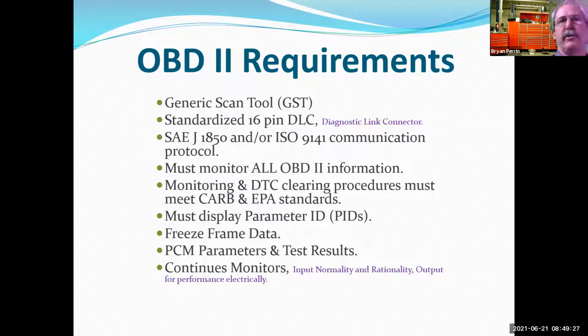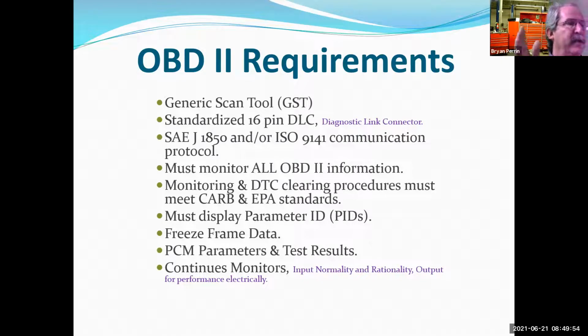But it's not that the mass airflow sensor is bad. It's that the amount of air it's reading doesn't agree with the RPM and throttle position. So it's a logic code. So we start really seeing the introduction of some logic codes here on a rudimentary level in our continuous monitor. We have much higher level logic codes when we get into our non-continuous monitors.